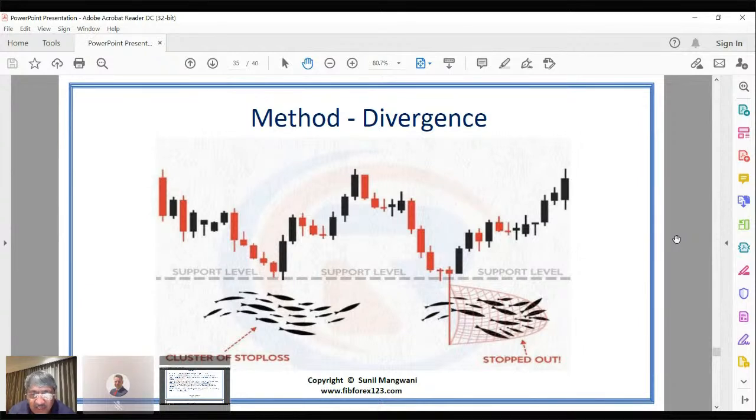And as you can see in this image, graphically captured over here, institutional traders will drive price down. You can see that wick over there, and take out all the stop loss orders, and then your actual trend starts. Now, this is what creates a divergence, which is why it is one of the most effective techniques that I've come across. And this is something which I follow all of the time.